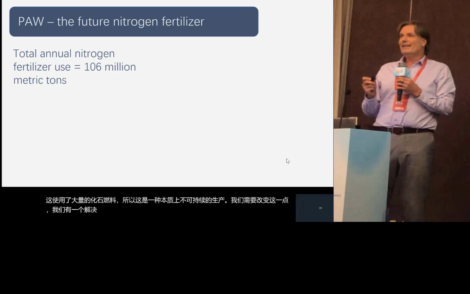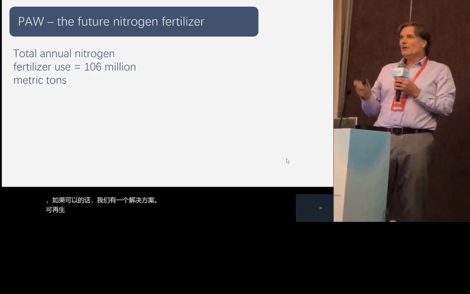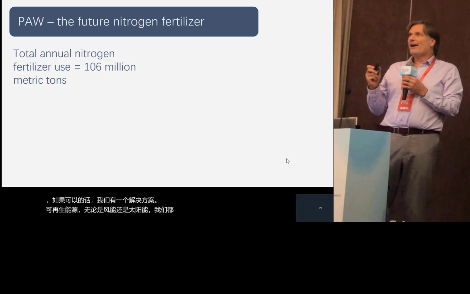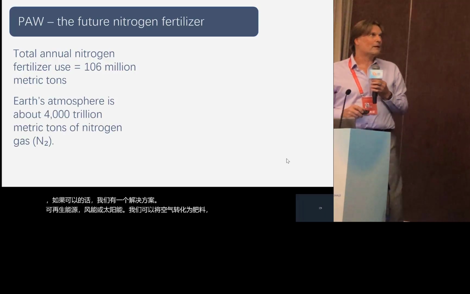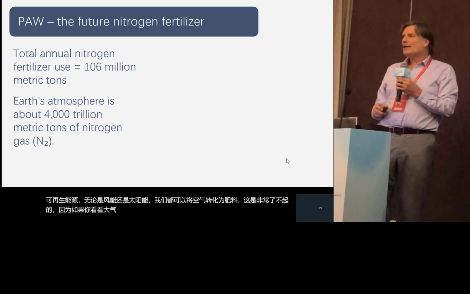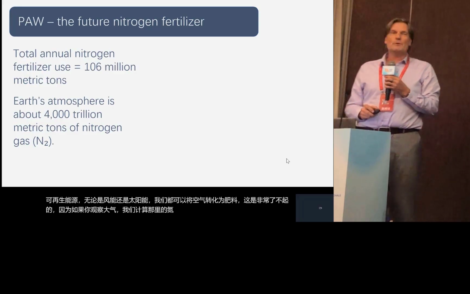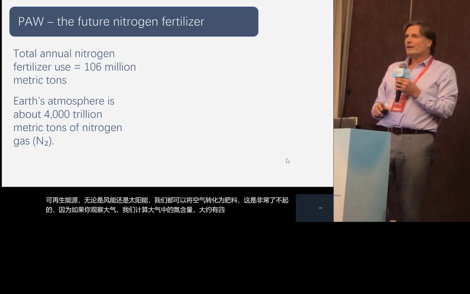If we can get renewable energy, either from wind or from solar, we can convert air into fertilizer, which is quite extraordinary, because if we look at the atmosphere and we calculate the amount of nitrogen there is in the atmosphere, there's about 4,000 trillion metric tons. So there's plenty of it.